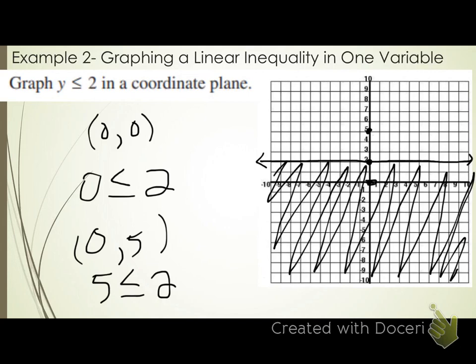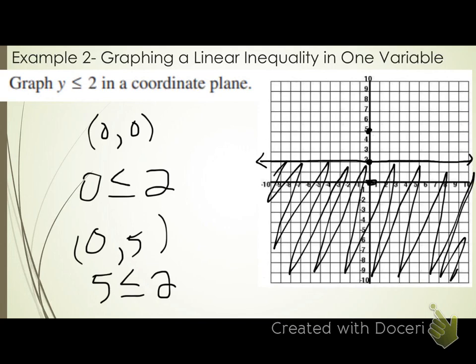You guys ready to find out how I shade? Okay. So how I shade is I look at the inequality symbol. What I first do is I first make sure y is on the left side of my inequality. Is that the case here? Y is on the left-hand side. This only works if y is by itself on the left-hand side. Since y is by itself, I look at my inequality symbol. What's my inequality symbol?